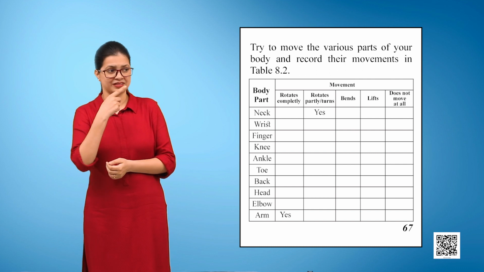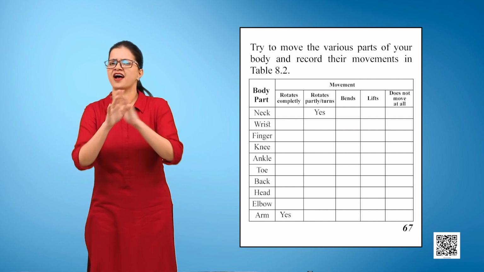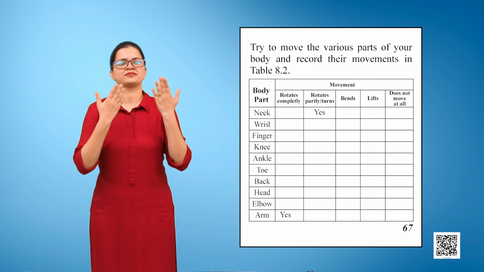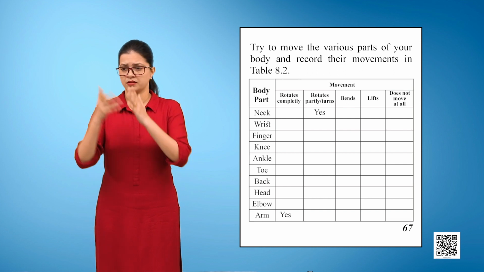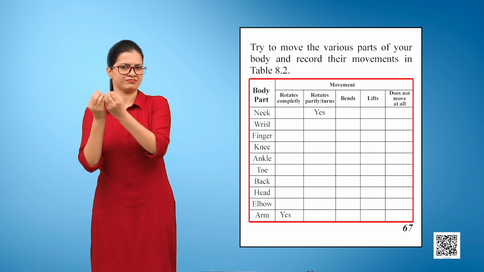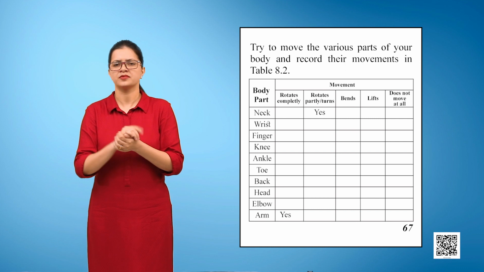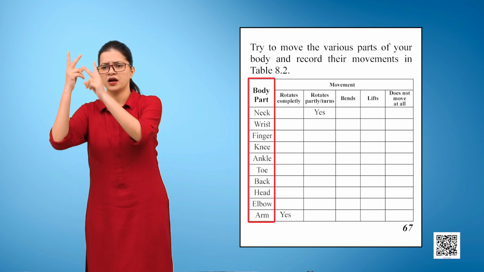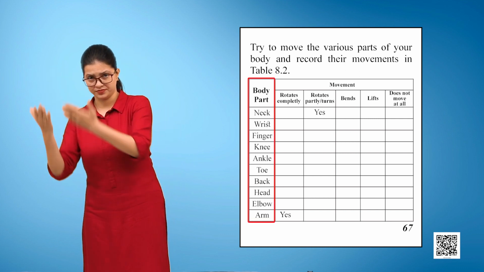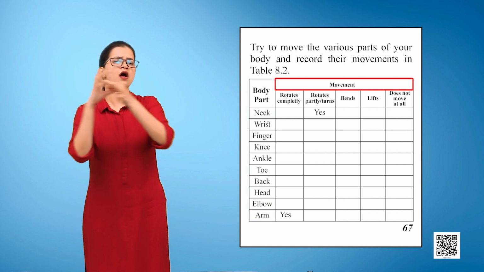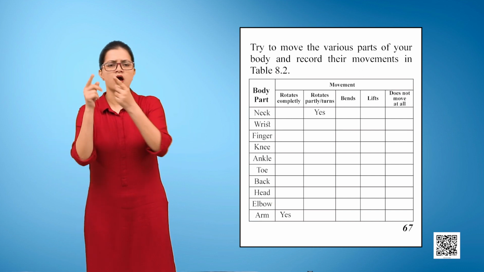Table 8.2 Movements in our body. The table is divided into two broad columns: body part and movement.